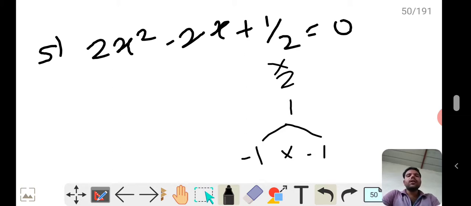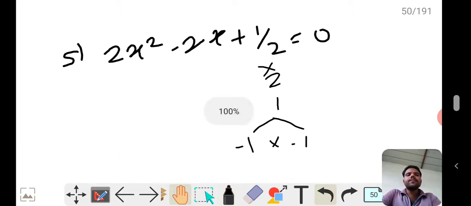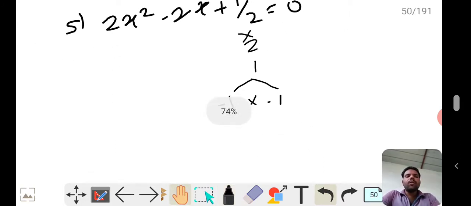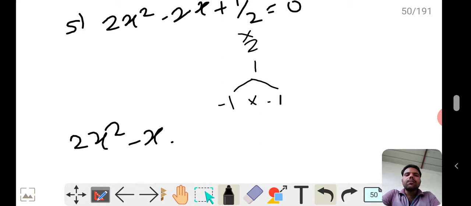So we can write the given equation in the form 2x square minus x minus x plus 1 by 2 is equal to 0.